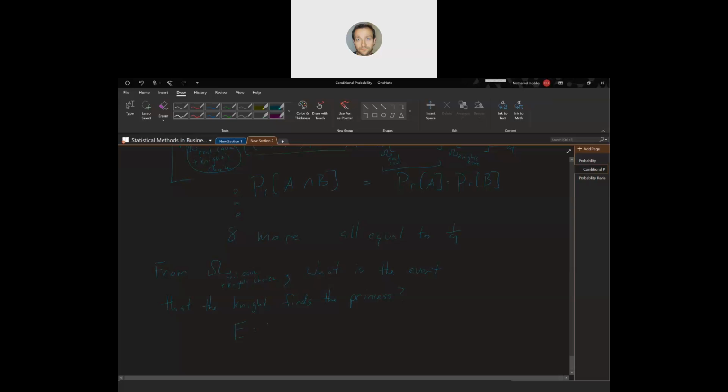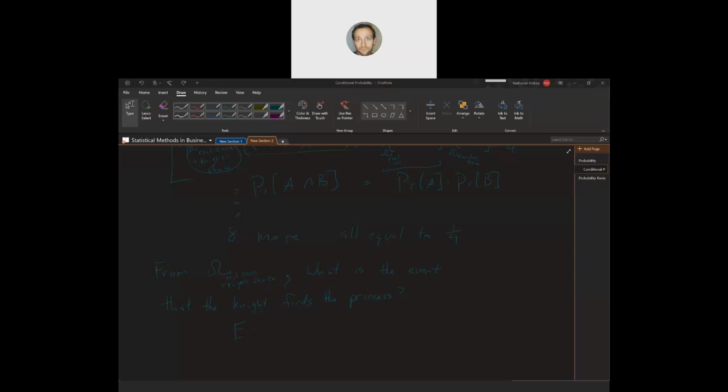Do you remember what an event means in probability? An event is a subset of all of the different possible outcomes.